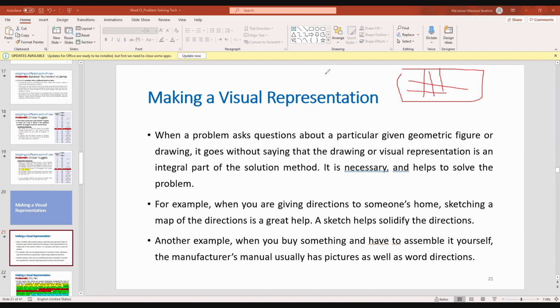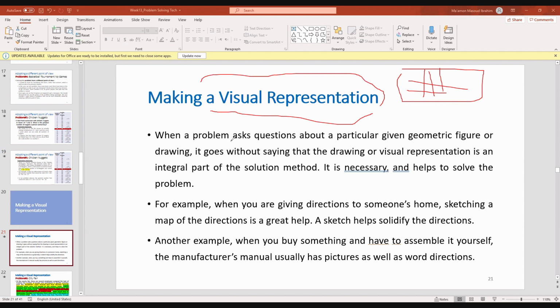So I try to represent the data to you. So my problem here is delivering the content to the students and making things easier for them, so that they can understand the course. So to solve this problem, you notice that sometimes I make a visual representation for the data.